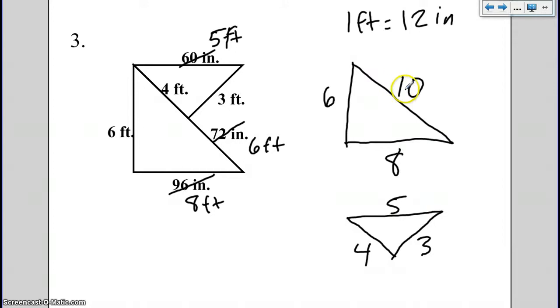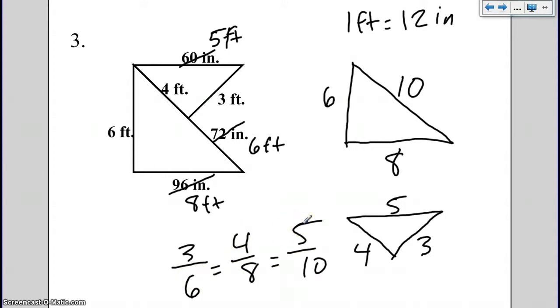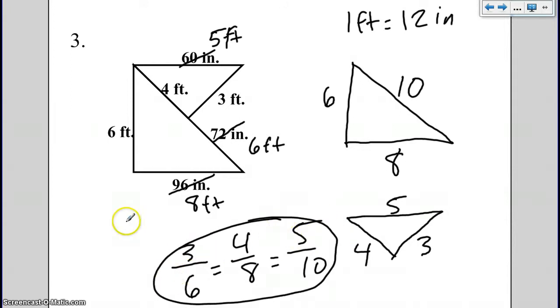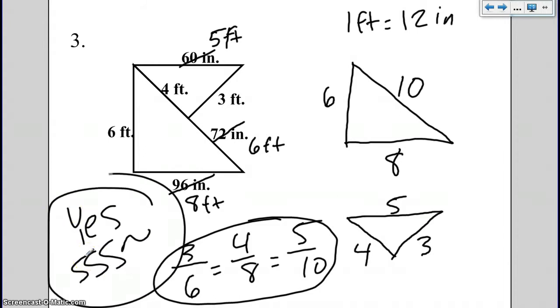Now I want to start comparing things. I'm going to compare 3 to 6, 4 to 8, and 5 to 10. Are they all the same fraction when I reduce them? Yes. So they are similar by the SSS theorem.